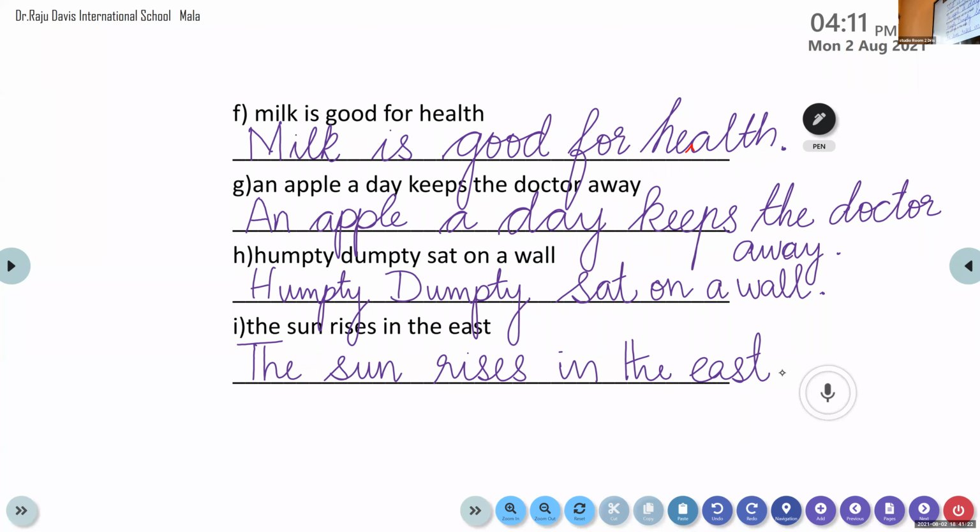I know there's not sufficient space for you, but still, write neatly, with legible handwriting. Write neatly, all of you. Okay.